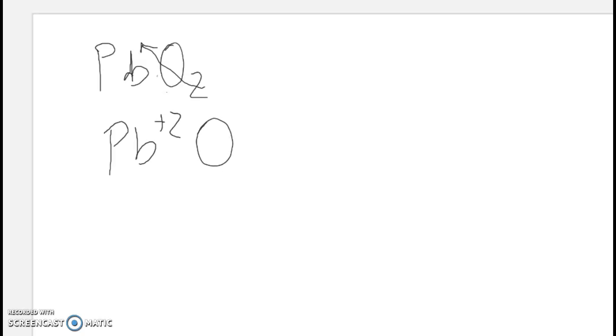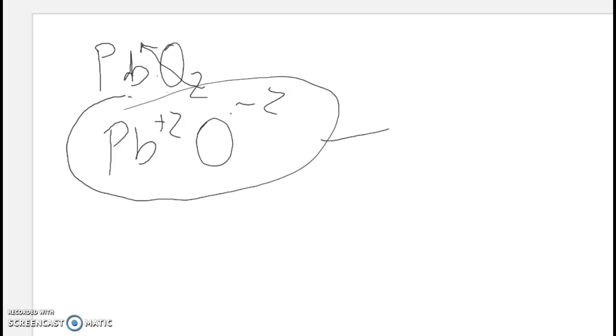Let me show you here. So I have lead oxide. I do the reverse crossover and I'm left with lead +2, oxygen. But we know oxygen has a charge of -2. If I were to use lead 2 in this particular situation, I would actually be left with lead oxide, PbO, if I did the reverse crossover here.